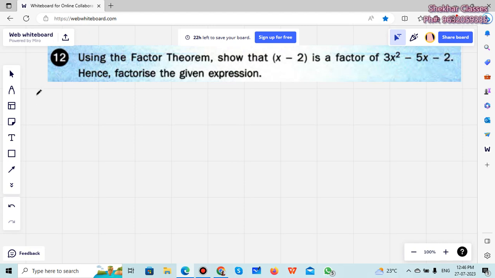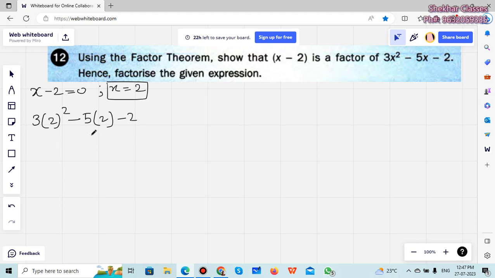So let's see, x minus 2 equal to 0. So what is x equal to? 2. I will substitute the value x equals 2 in it to see what happens. 3 times 2 cube, square, minus 5 times 2 minus 2.